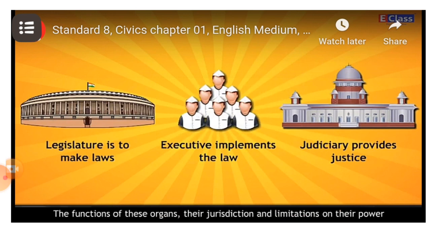Then the functions of these organs, their jurisdiction and limitations on their power, and the interrelationship between these organs are decided by the Constitution. It is the nature of their interrelationship that determines the system of government adopted in a particular country.